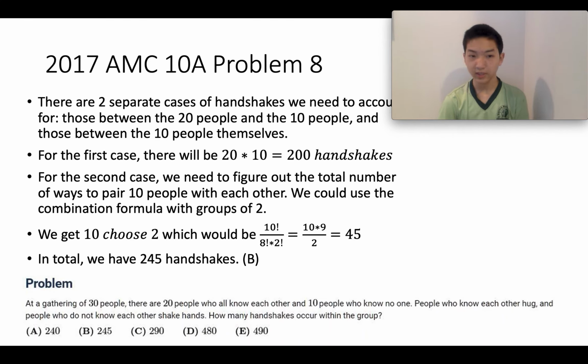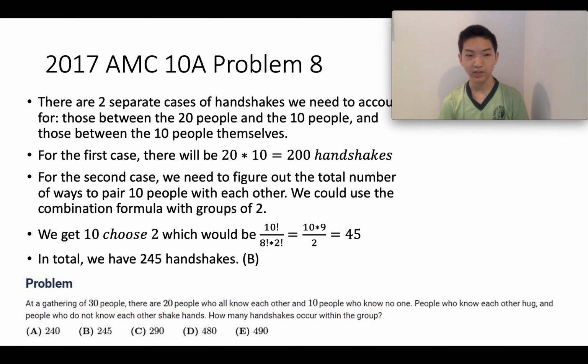Now for the second case, which is the 10 people group shaking hands within themselves, we need to figure out the total number of ways to pair 10 people with each other, because each handshake will be within a pair of 10 people. Now in this case, we use the combination formula because with handshakes, it doesn't matter the order in which we pair people up.